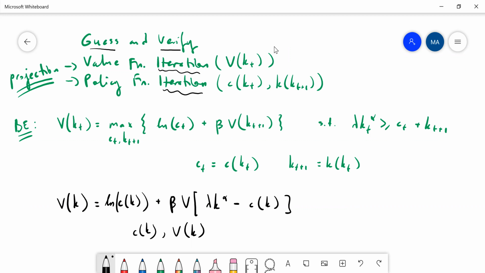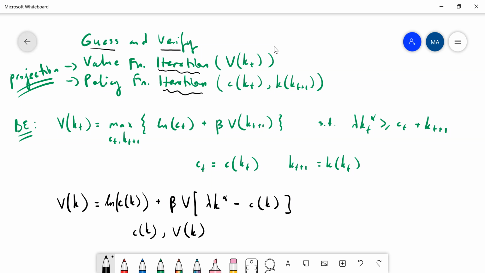It is an iterative process. In value function iteration, we start by guessing values for the value function, and then we keep iterating the Bellman equation. In policy function iteration, we guess the policy functions, then we again iterate the Bellman equation, and we want to find c(k) and k'(k).